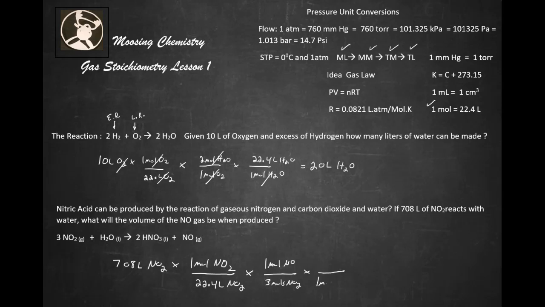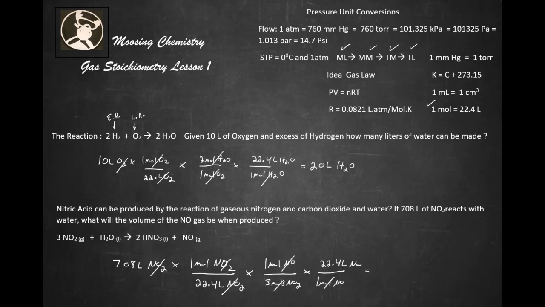So we put 1 mole of NO on the bottom and 22.4 liters of NO on top. Let's cancel out our common units. Now we'll take our calculator and do this problem.